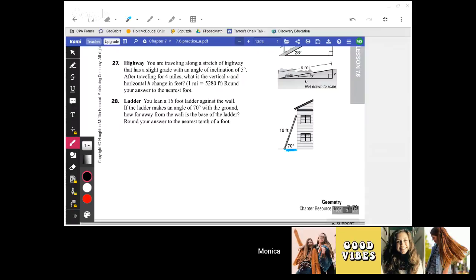Okay. So that would be cosine of 70 equals adjacent, which is x, over 16. And then that should give you your distance there.